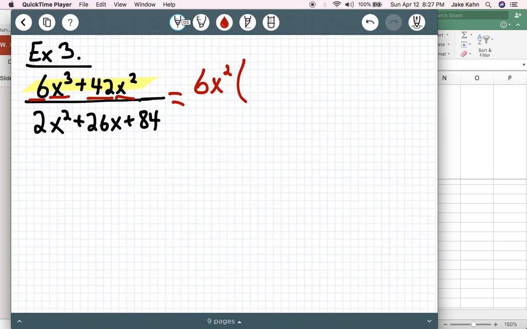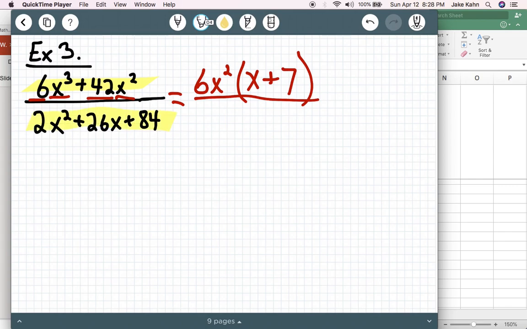Well, if we divide those terms by our GCF, 6x squared, we are going to get x. 42 divided by 6 is 7, plus 7, and that's it, x plus 7. If you want to check that, just FOIL it out, or distribute it, and you'll get exactly what we had in the first step. All right, anyways, moving on to the bottom.